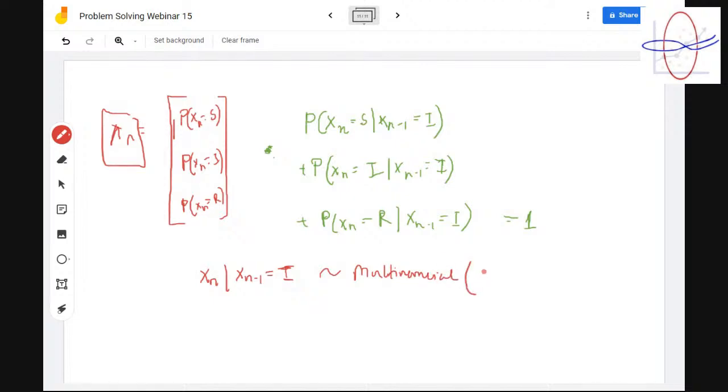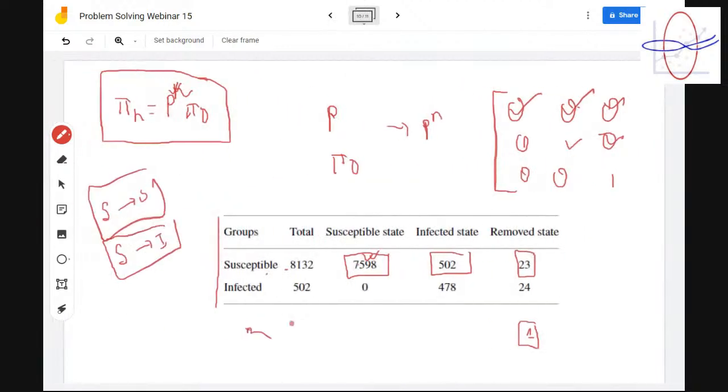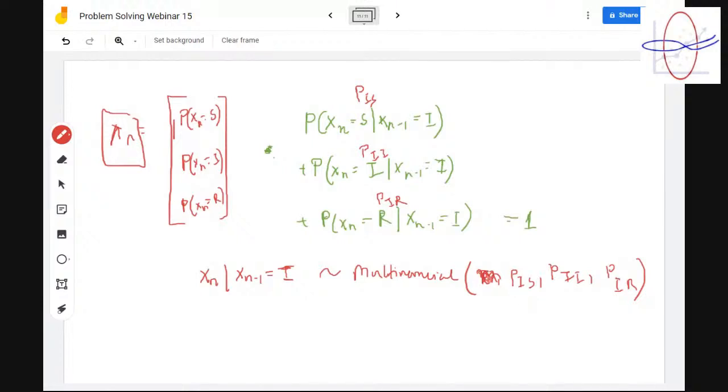If this probability is PIS, this probability is PII and this probability is PIR, this follows multinomial with some M, PIS, PII and PIR. So this M is actually this. From infected, how many will there be? So it's 502 over here. From infected, how many people are going to susceptible? So this probability is 0. PIS is 0.